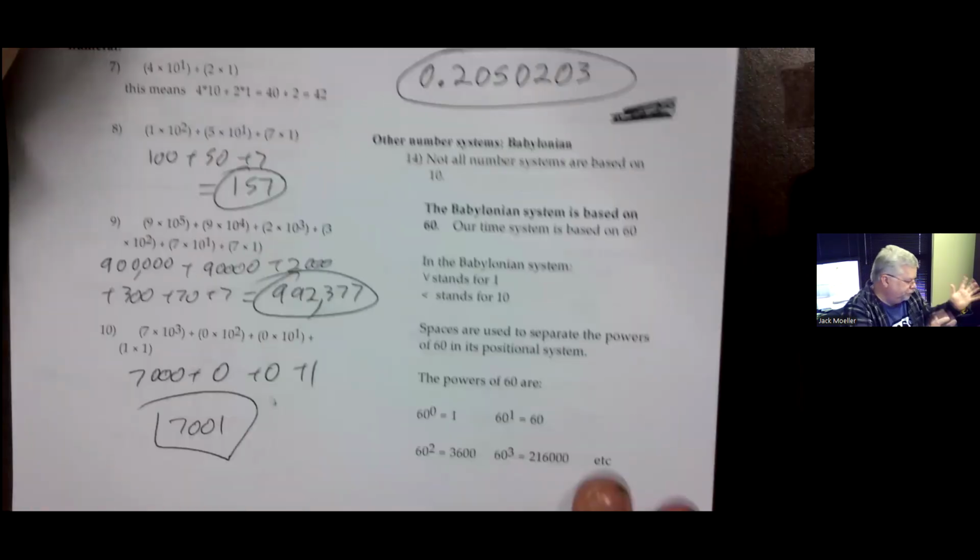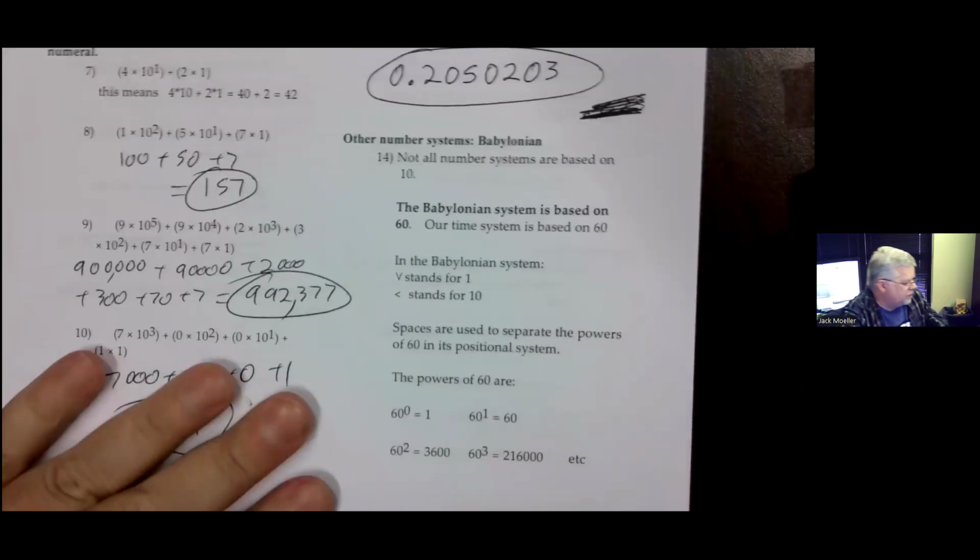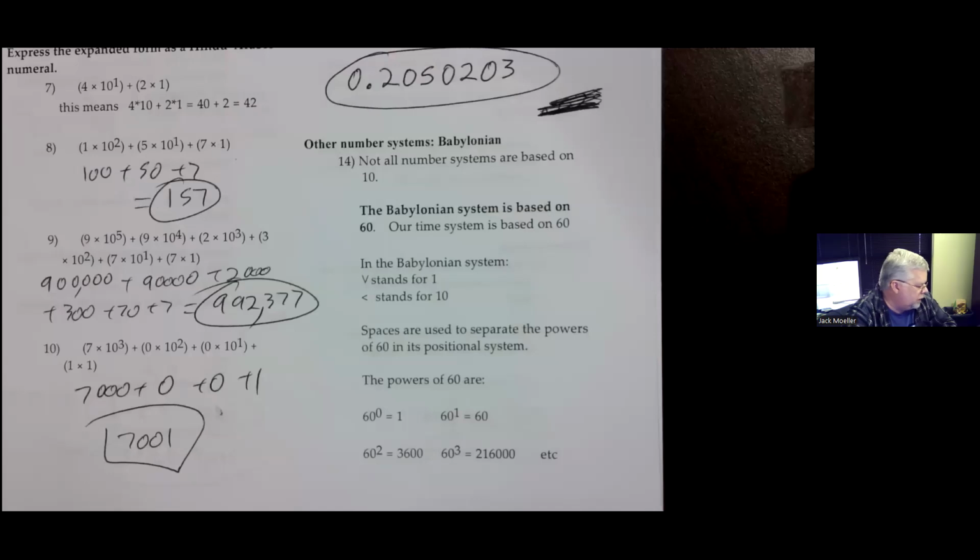Okay, what about other number systems? So in the history of math, the Babylonian system is one that gets talked about a lot because the Babylonian number system is actually based on 60. Well, why 60? Whoever was in charge of developing their numbers over time, one of the nice things about 60, it divides by a lot of numbers, by 5, by 10, by 12, by 15.